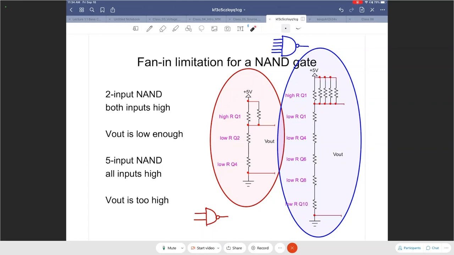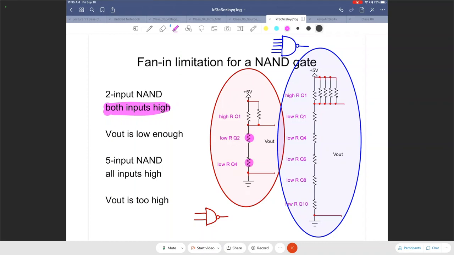So let's talk about the 2-input case. In the red, when you have a 2-input NAND gate and both the inputs are high, what is going to happen? You are going to have a low R for the pull down network, even for the second transistor. Why is that low resistance? Because the NMOS transistors, when both the inputs are high, are essentially short circuit.